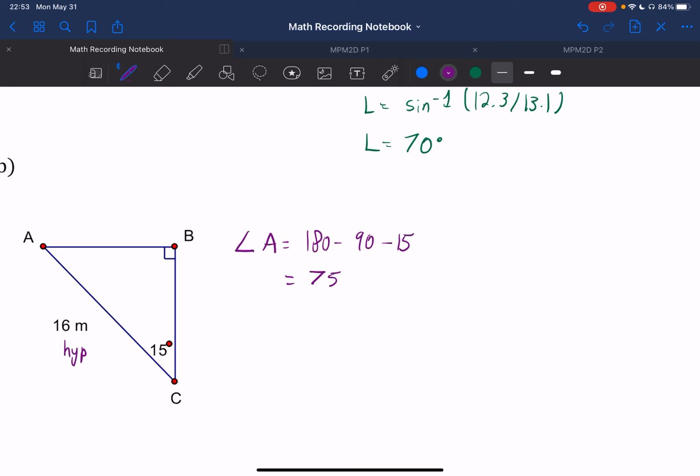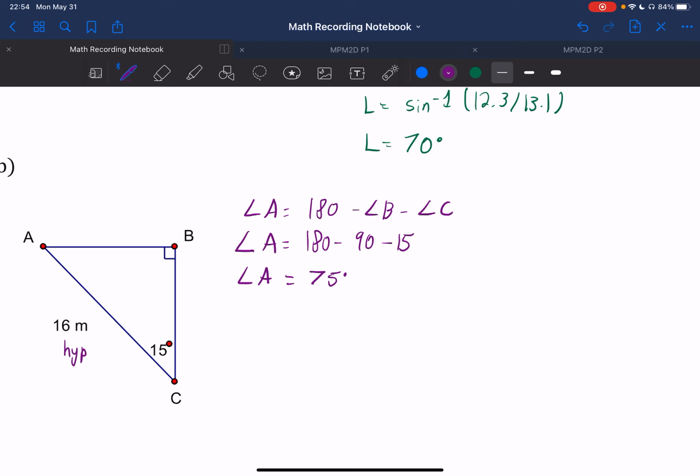So that gives us 75 degrees. And just because I should have written this out the first time, angle A is equal to 180 minus the angle of B minus the angle of C. That's how I got there.